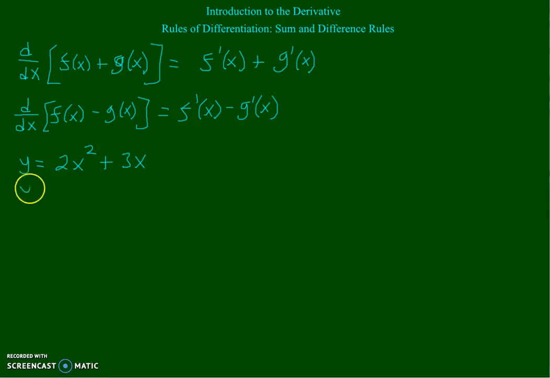So to find y prime, we would simply differentiate each as though it were a separate function. So pull down the 2, so that's 2 times 2 is 4, subtract 1 from the exponent, 4x, plus pull down the exponent, 3 times 1 is just 3, subtract 1 from the exponent, it's 0, x to the 0 is just 1, 3 times 1 is 3.